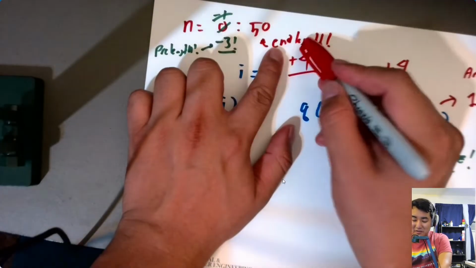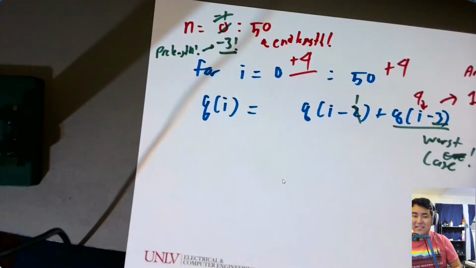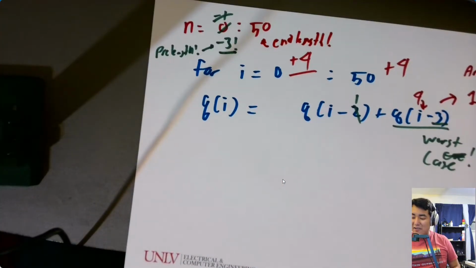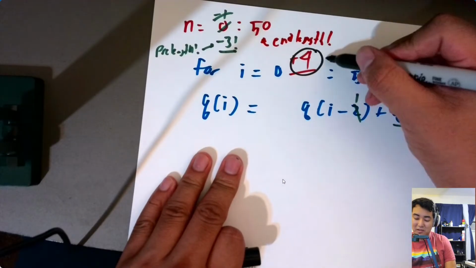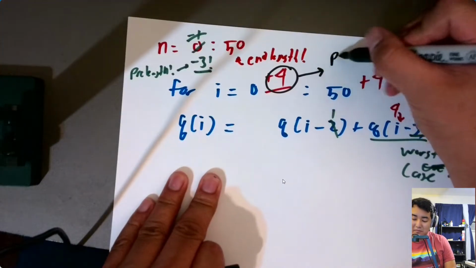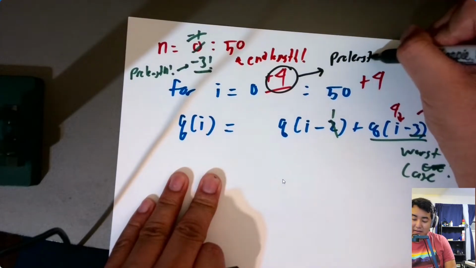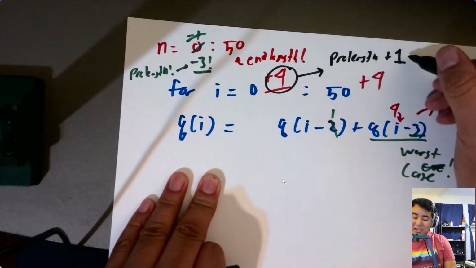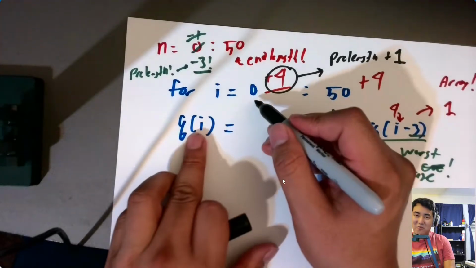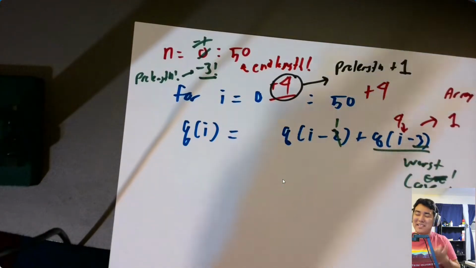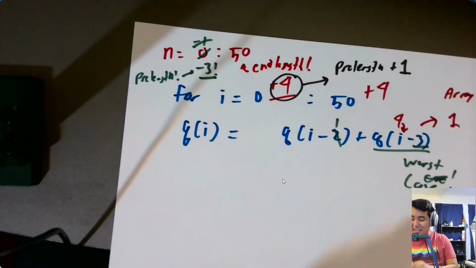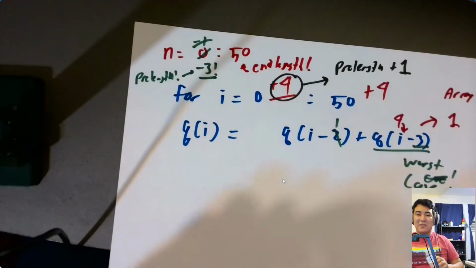So instead of this plus 4, it can equal pre-length plus 1. Why the plus 1? Because MATLAB doesn't like 0. We have to put the plus 1. It's inevitable. So that's what I want to get across to y'all.